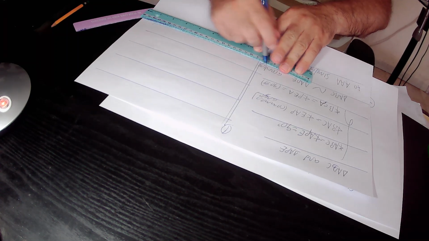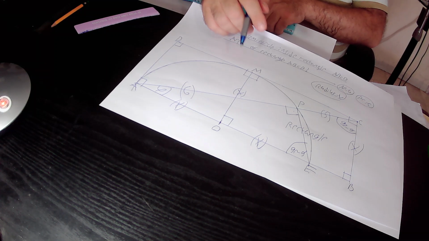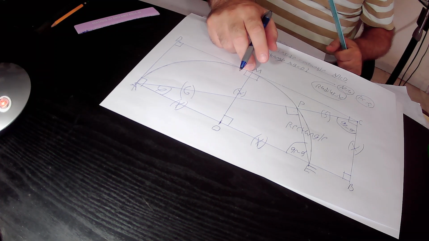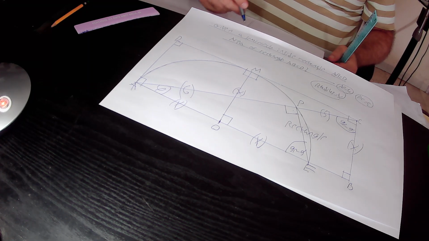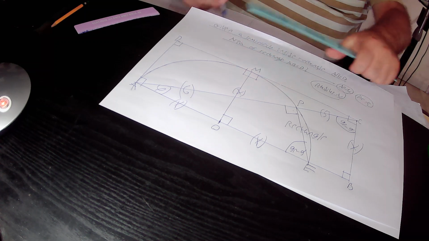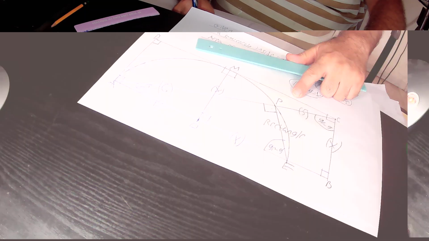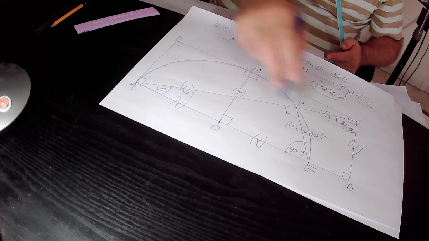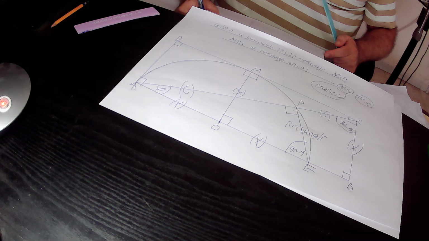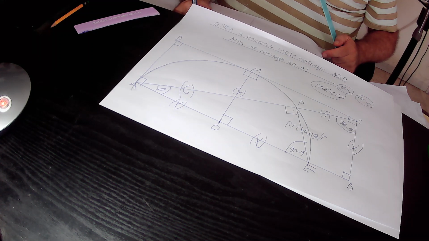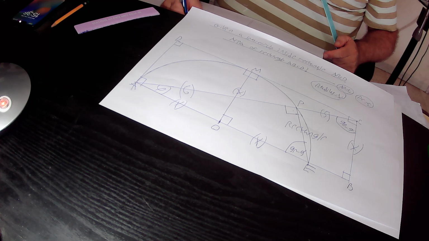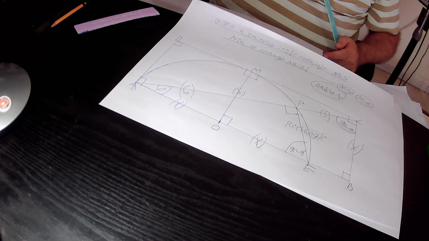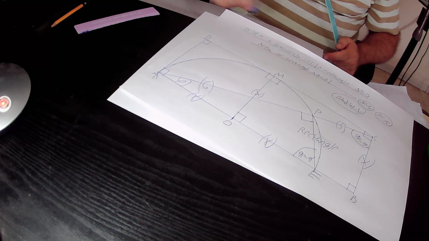And from the fact that the big triangle ABC is similar to the small triangle APE, we derive that the following relationship exists between their sides. We derive the side AP of triangle APE over side AB of the big right triangle ABC is equal to side AE of the right triangle APE over side AC of the right triangle ABC.